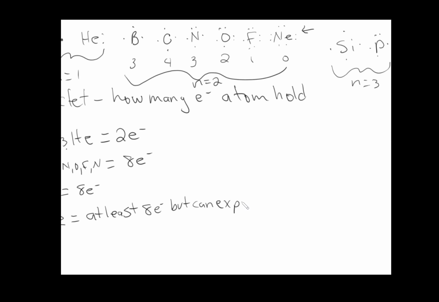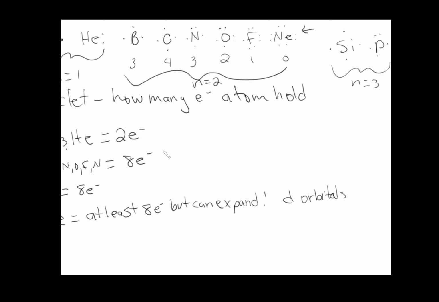And you're asking, well, where's it going to expand to? It's going to use its d orbitals. So remember, the location around the individual atom, the individual nucleus, is in shells, and then that shell is broken up into subshells, and that subshell is broken up into orbitals.